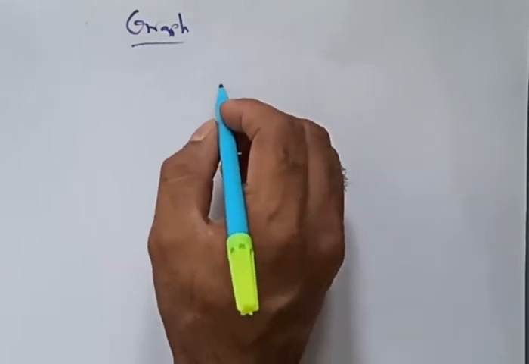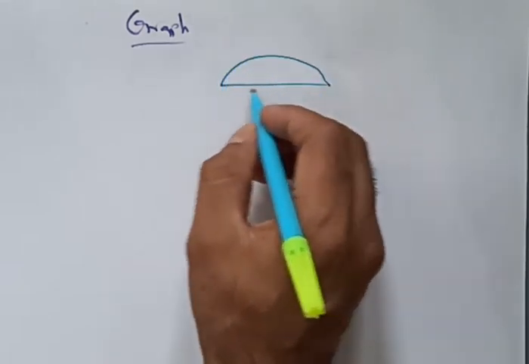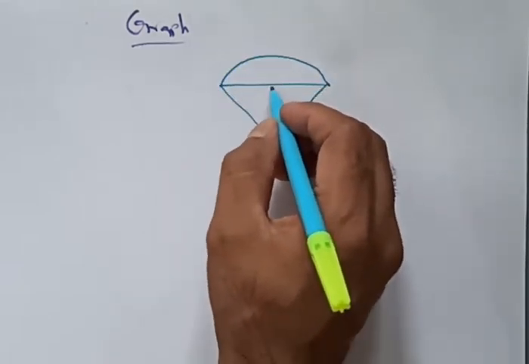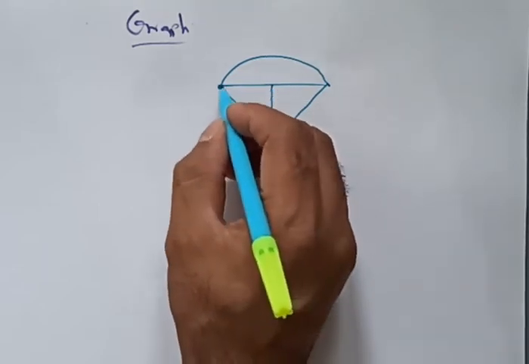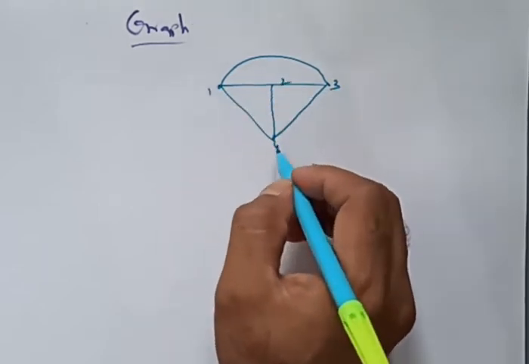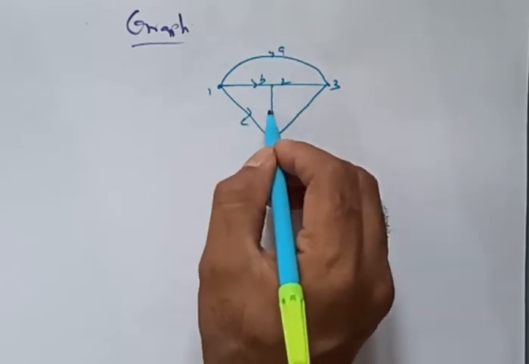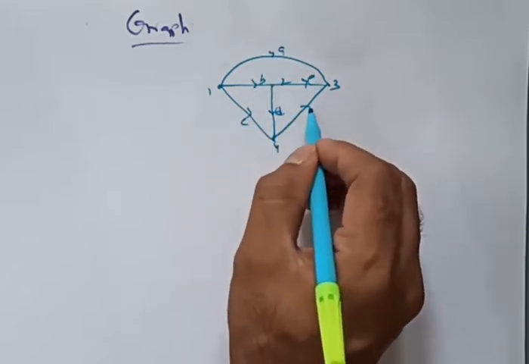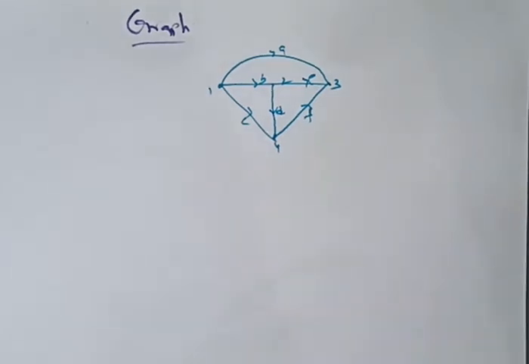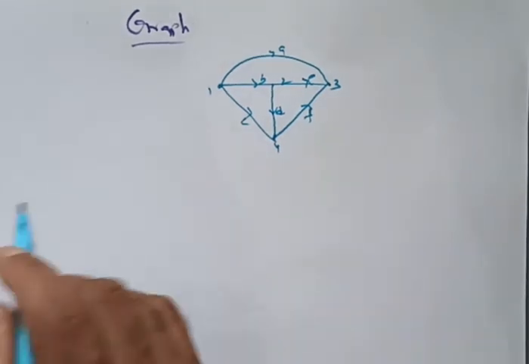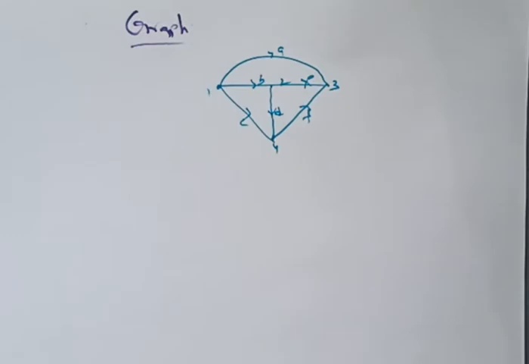For example, this is one graph for a given network having 4 nodes, 1, 2, 3, 4, and branches A, B, C, D, E, F. So a set of nodes connected by branches is called a graph.